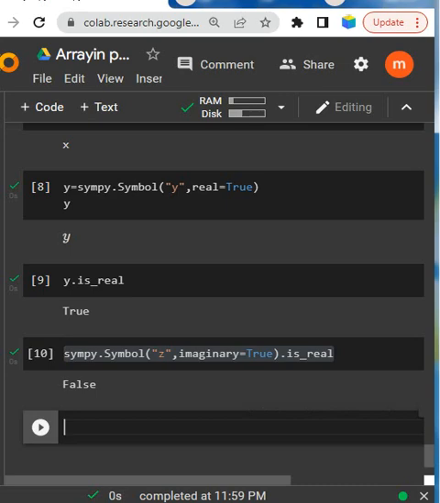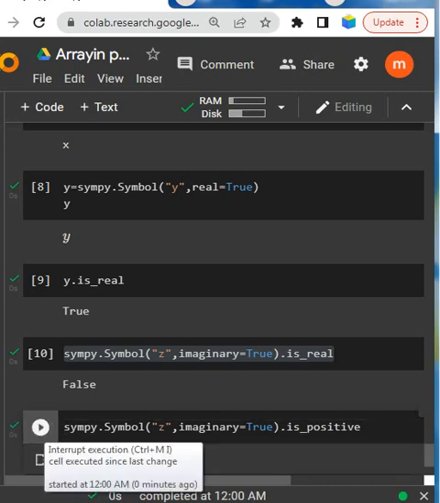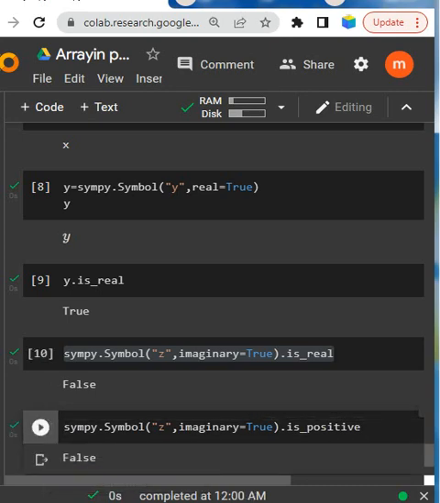I am going to write here v, and if I write here real and imaginary, and I write here positive, false.